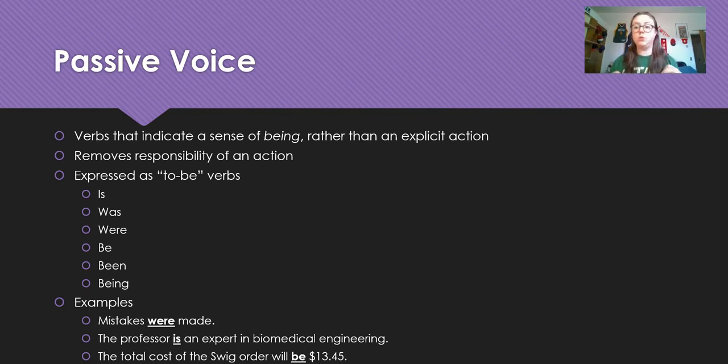The total cost of the SWIG order equals $13.45. Mistakes equal made. So that's another way that we can look at passive voice. But again, we typically tend to see it when the writer doesn't want to place responsibility on a specific subject or does not want to communicate an explicit action for one reason or another.